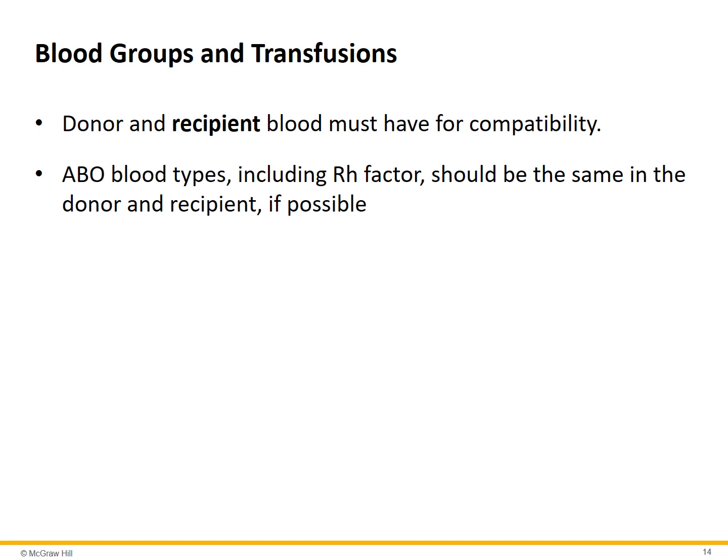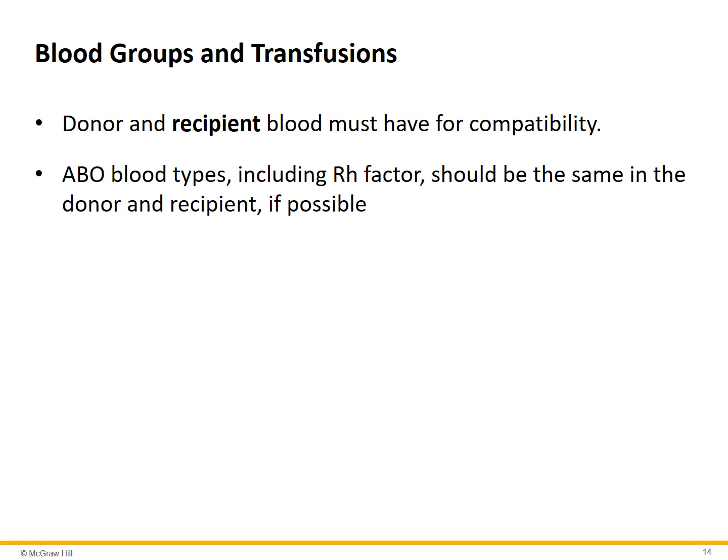Our next section is on blood typing and blood groups. So the key for this is that if you are receiving blood, if you are a recipient of a blood transfusion, the donor must be screened for compatibility. So there are 32 known red blood cell antigens.